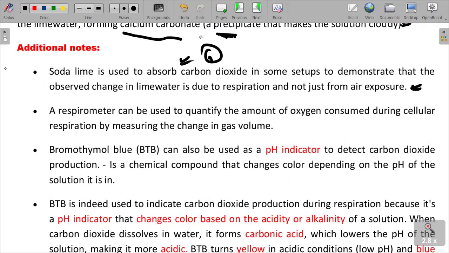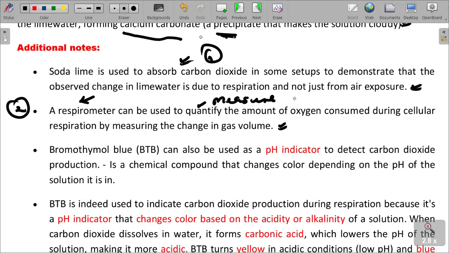Number two, a respirometer can be used to quantify the amount of oxygen consumed during cellular respiration by measuring the change in gas volume. A respirometer is an instrument used to measure the amount of oxygen consumed during cellular respiration.